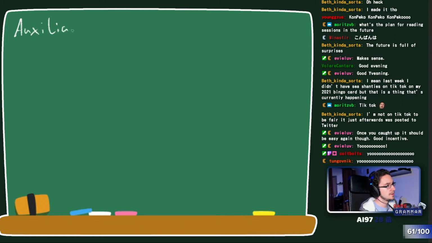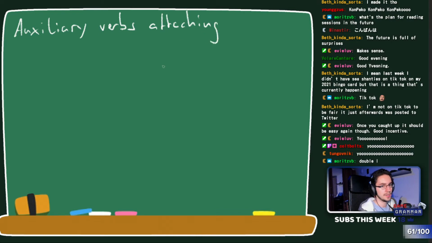Auxiliary verbs, and we're going to talk about ones attaching to the renyoke, also called the renyoke masu stem. That's the ones I want to talk about today.